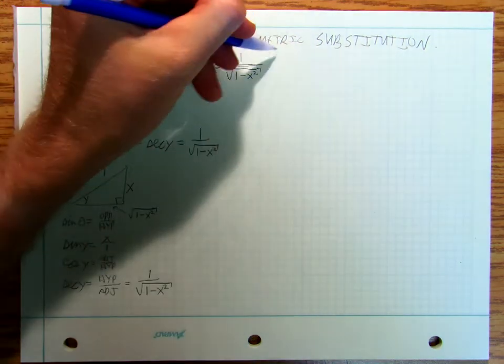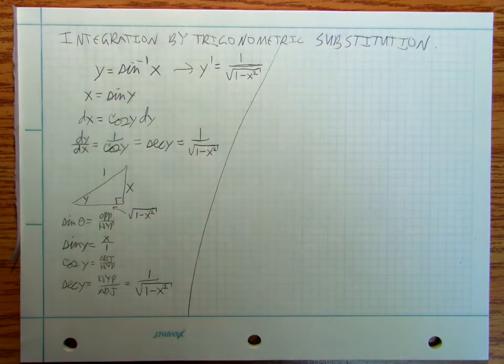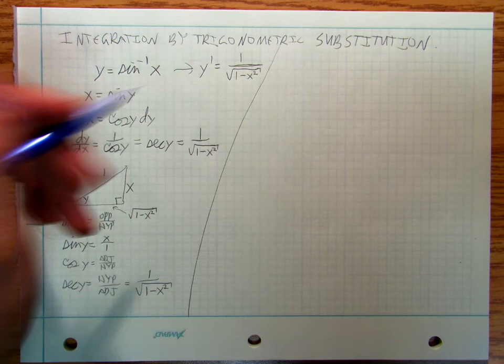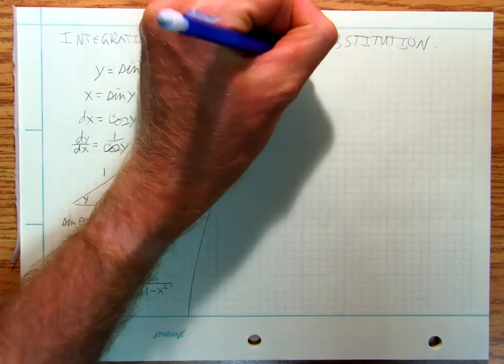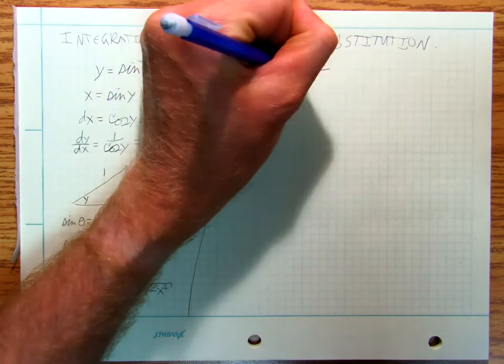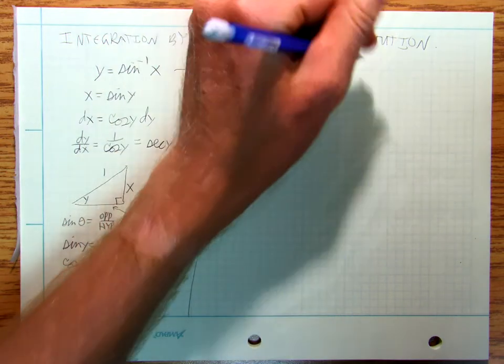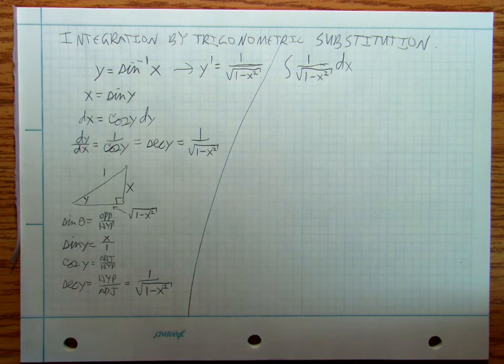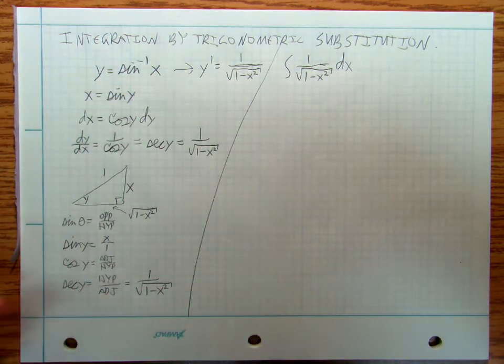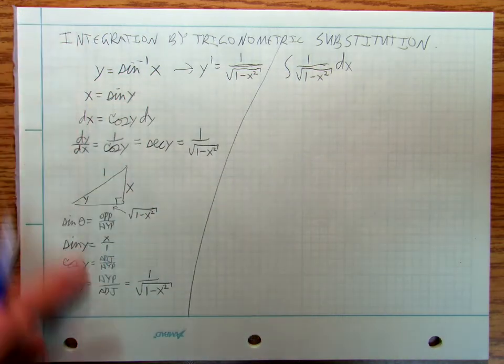Okay, so now let's try to work that backwards. So if I've got the integral of 1 over the square root of 1 minus x squared dx, well, let's just work it backwards and you'll sort of see what's happening because it's already laid out there.